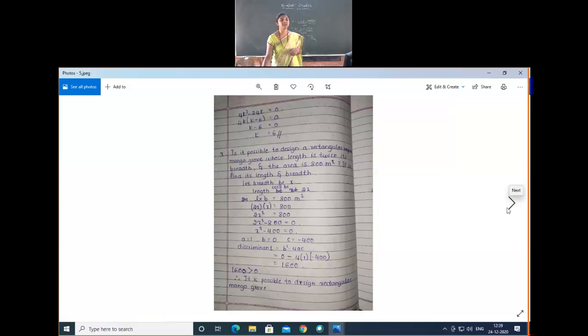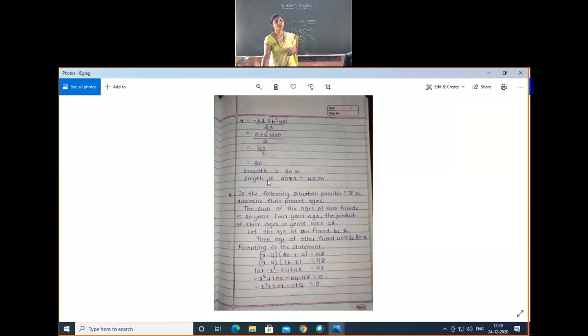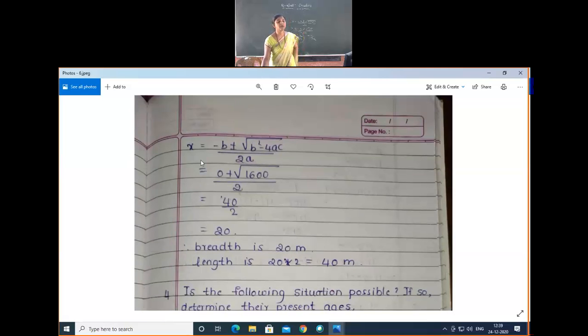Now we find the length and breadth using the formula method. x is equal to minus b plus or minus square root of b square minus 4ac, divided by 2a. b is 0, and b square minus 4ac we got in the last step, 1600, so x is plus or minus square root of 1600 divided by 2, which is 40 by 2, that is 20.